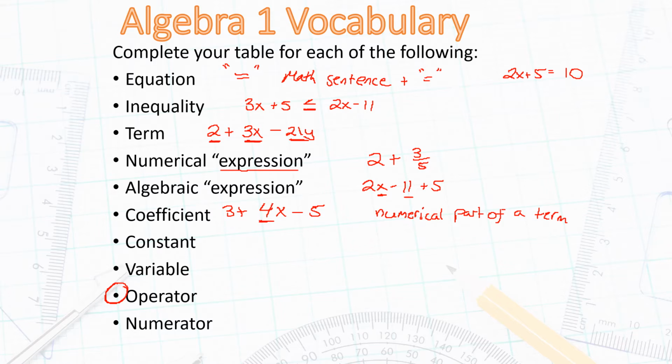If there's no variable, there's no letter, then it's known as a constant. So 3 and negative 5 are the constants in that expression. So constant is a number with no variable, and a coefficient is a number that has a variable in the same term. A variable is a letter or symbol used to represent a value.